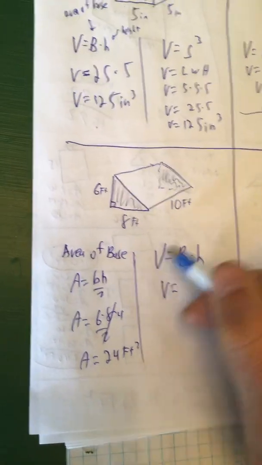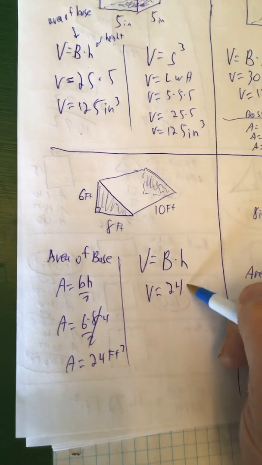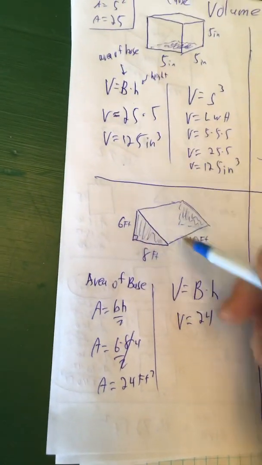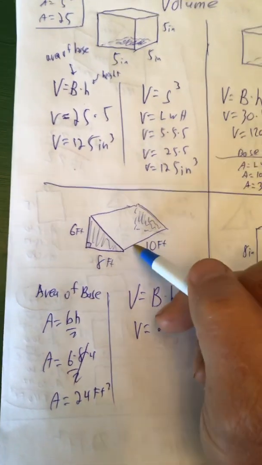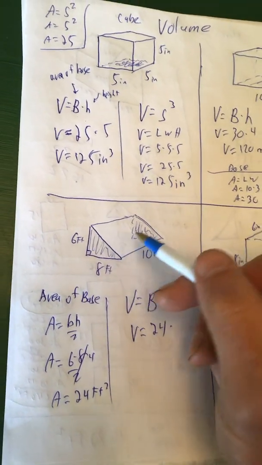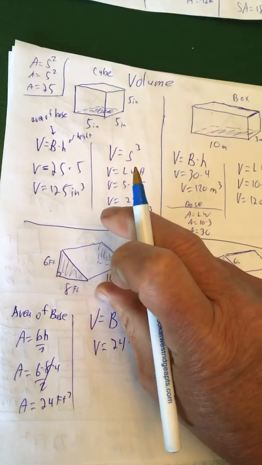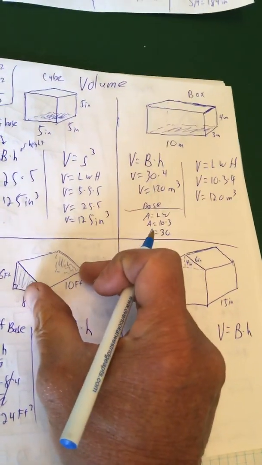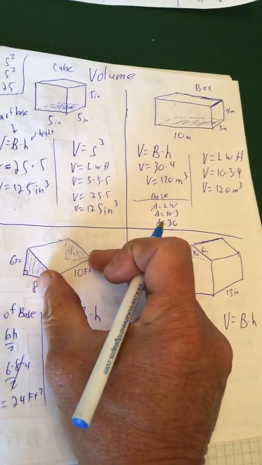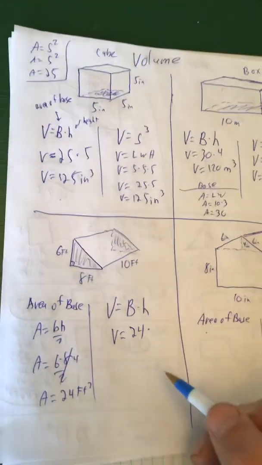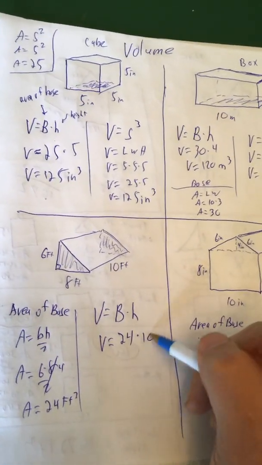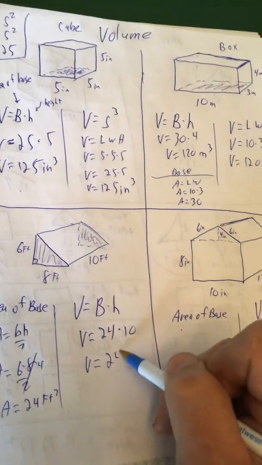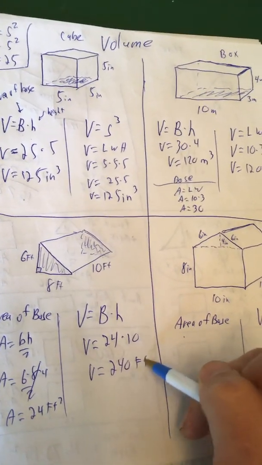Now, when I use this formula, area of the base times height, well, the area of the base is 24. Now the height isn't 6, the height is the distance between the bases. So it's like if I stood this on end, then the height would be the height, right? But I'm laying it on its side, but the height is always the distance between the two bases, all right? So it's 10. So this is friendly, that's 240 feet cubed.